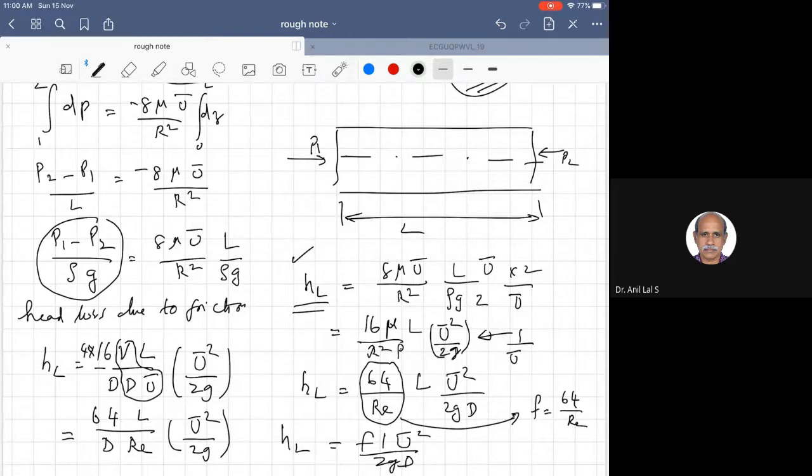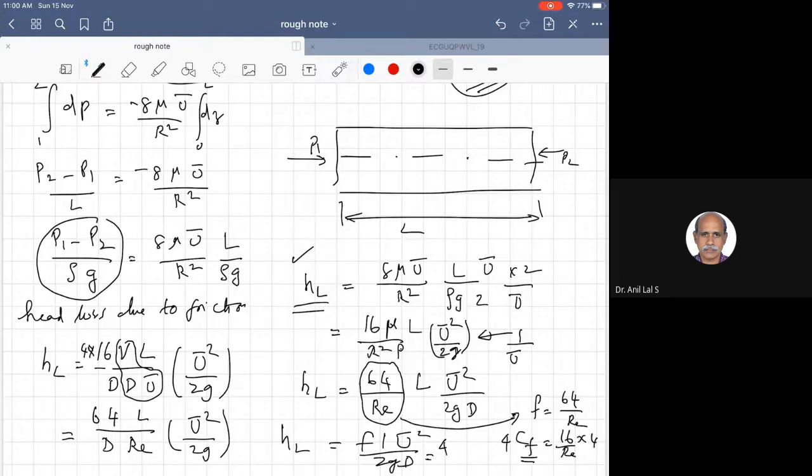And also we know that Cf is equal to 16 by Re. So we can write this in terms of Cf also, that is the Darcy's coefficient of friction. In that case we have to multiply by 4, so 4 Cf will match it.